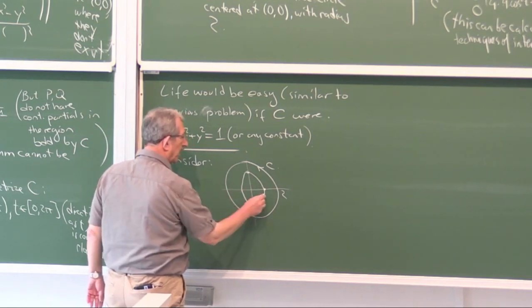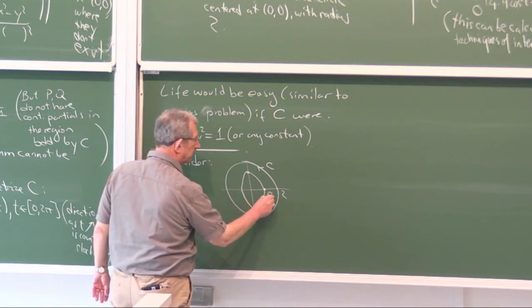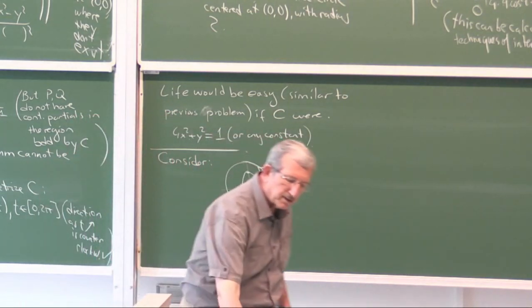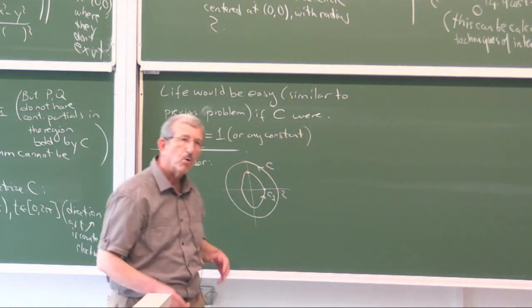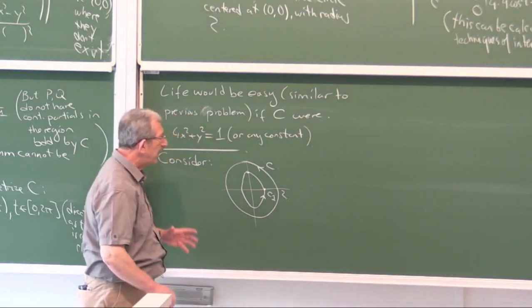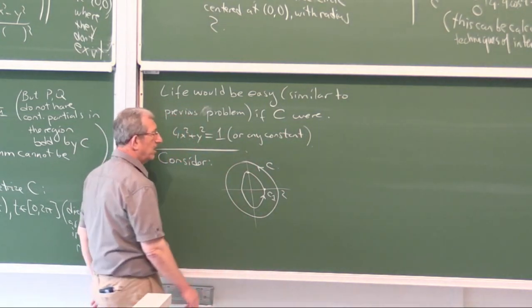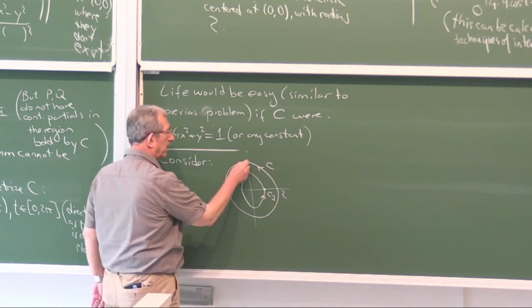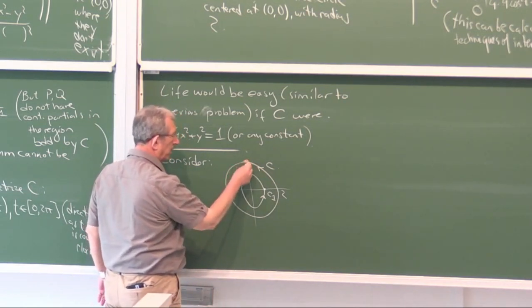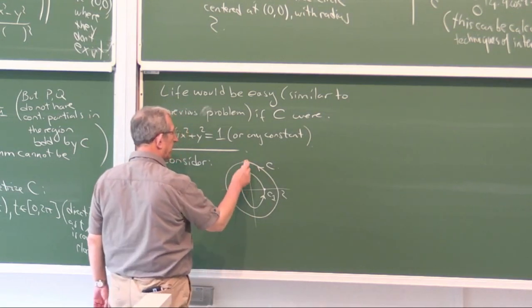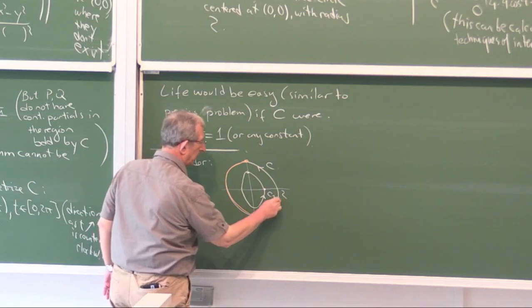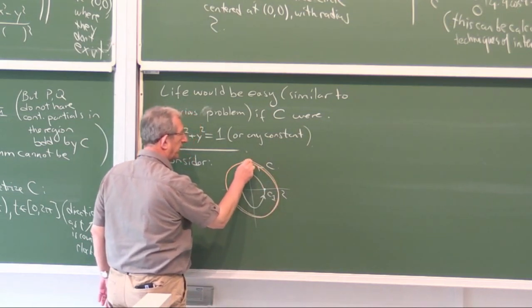Okay. I will call this curve C1. Now, let me draw some auxiliary curves and go as follows. Suppose I start from this point, I move up to this point again.